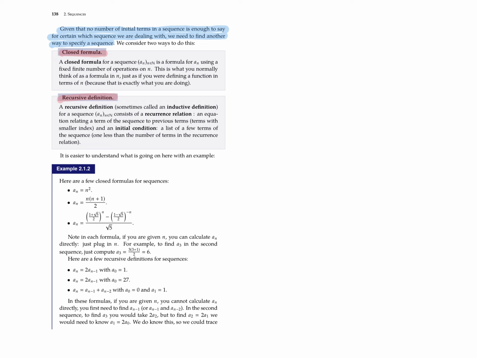Now, if we talk about the closed formula, we are referring to something that you are used to working with, things that look like 2n plus 3. And remember, in this course we don't work with tn. We're going to say an is 2n plus 3. Now, that is a closed formula.